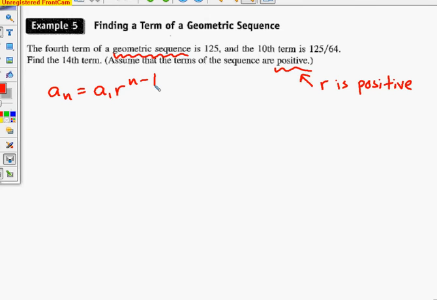We're given the fourth term, so I know that a sub 4 is 125, and I know that a sub 10 is 125 over 64. That's what I know.